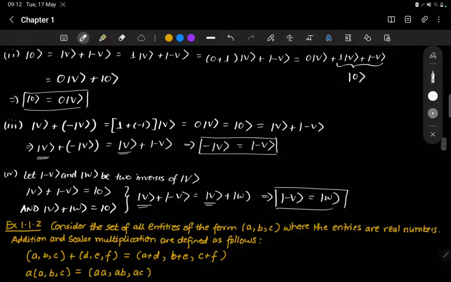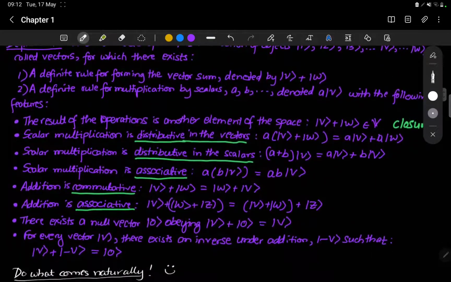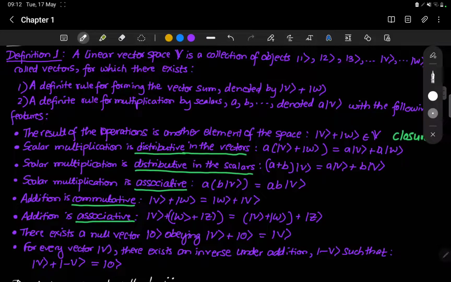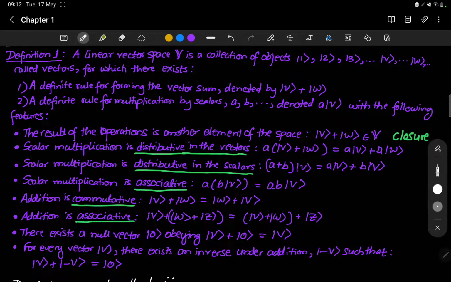Just to revise, I will show those 8 axioms once again. We have the definition of the linear vector space as a collection of such objects for which we define the addition as this vector sum, and then a scalar multiplication, and then we have these 8 axioms, first one being the closure property, then the next 2 are based on scalar multiplication having the distributive property, so it is distributive in vectors, distributive in the scalars.